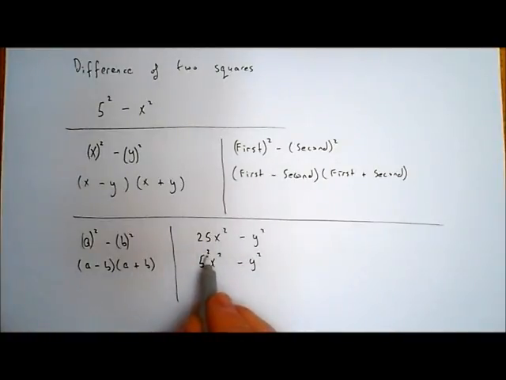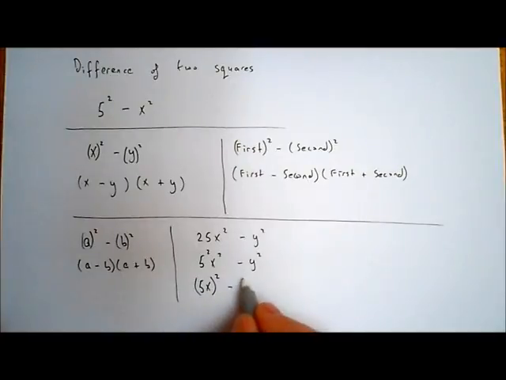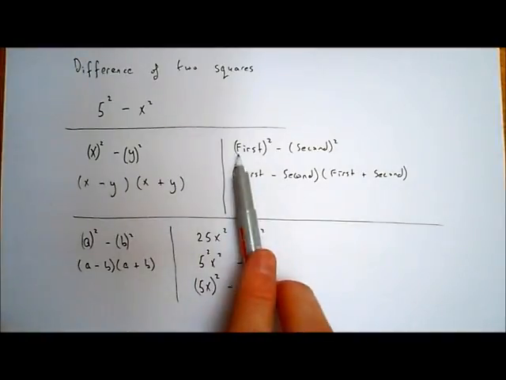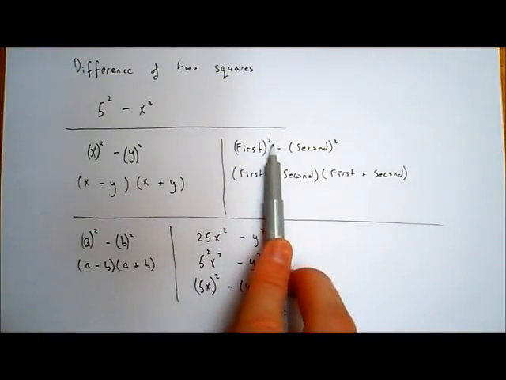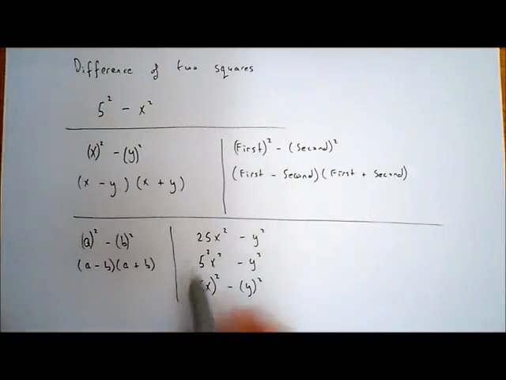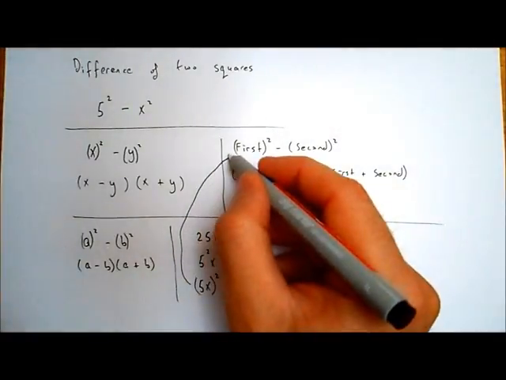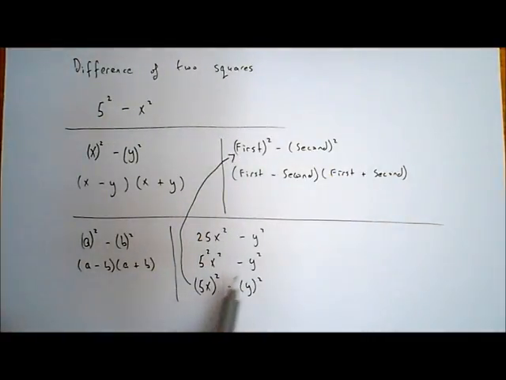Now rather than writing squared twice, I'm going to write it like this: 5x in brackets, all squared, and then y in brackets, squared. So now I have my first thing in brackets, squared, and my second thing in brackets, squared.